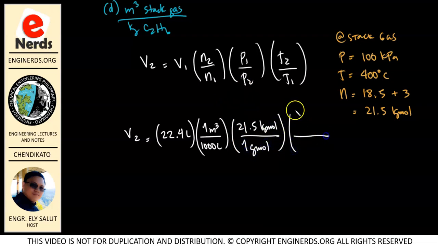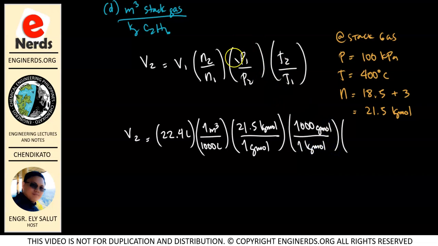So we need to convert that to kilogram mole. So 1,000 gram mole for every 1 kilogram mole.